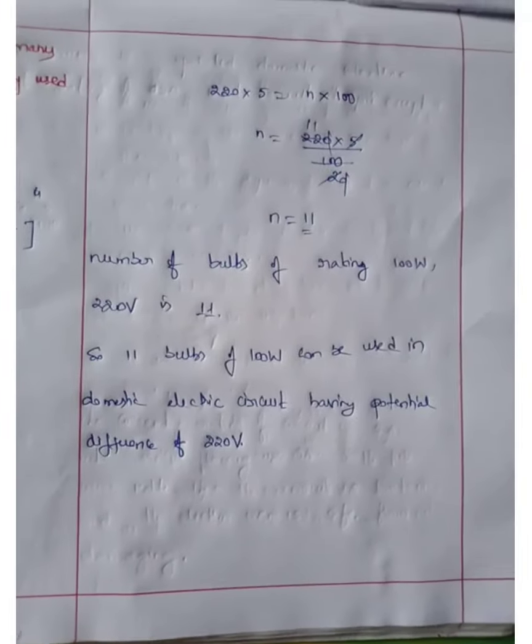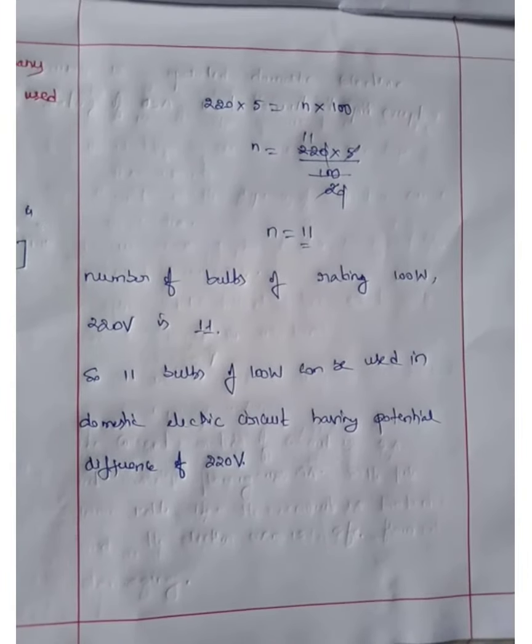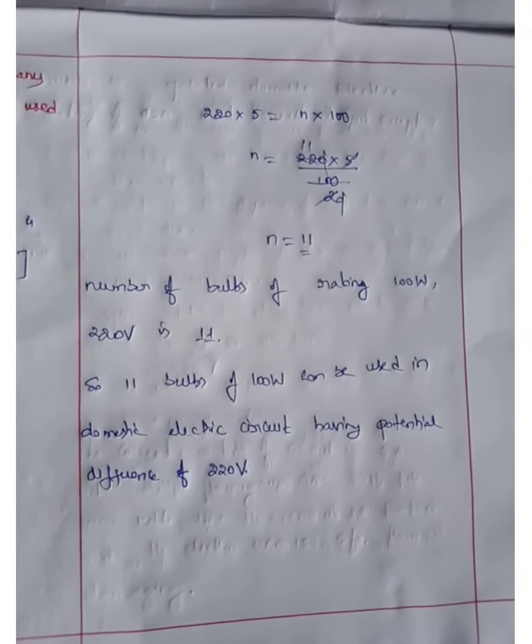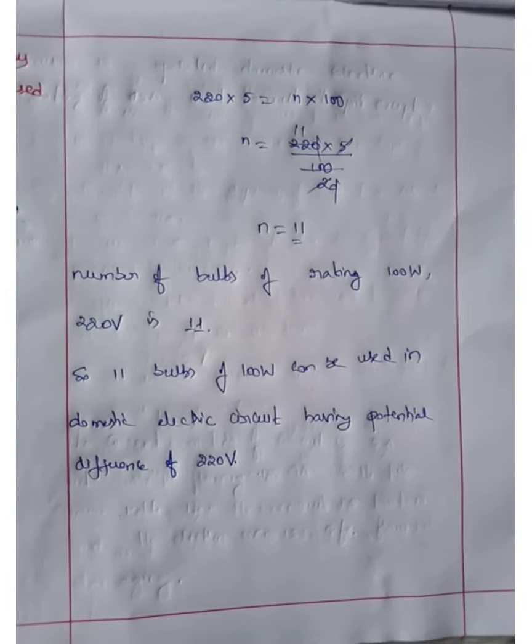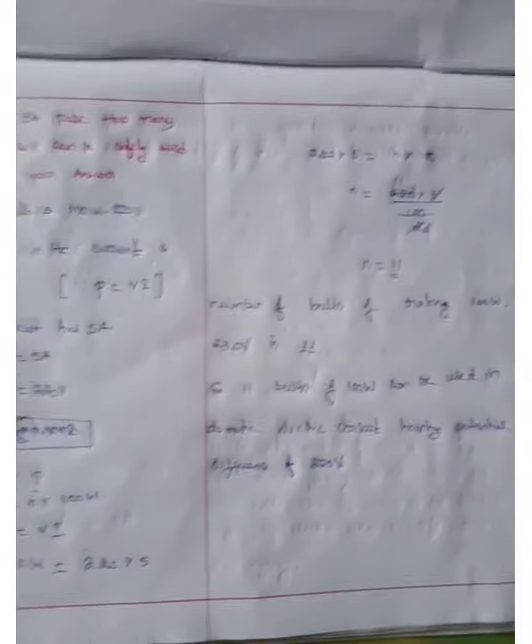Clear? So the number of bulbs of rating 100 watts, 220 volts is 11.